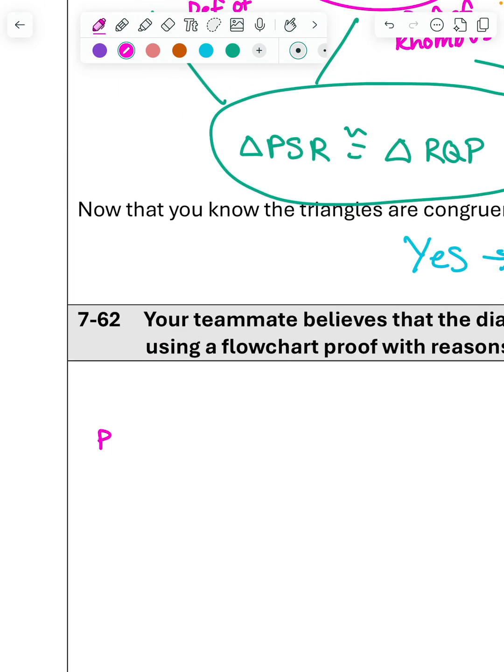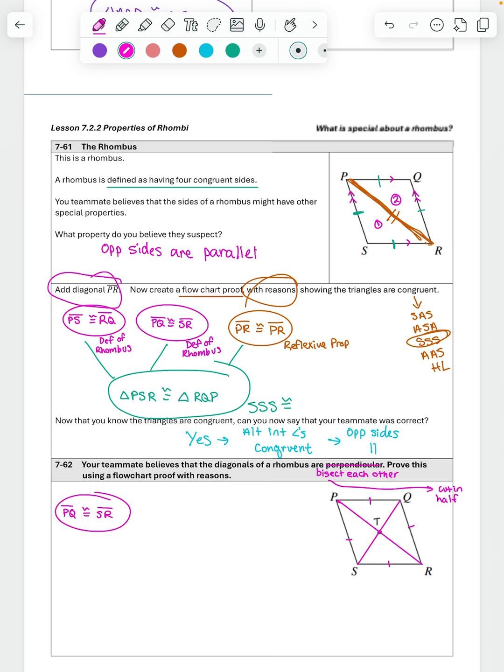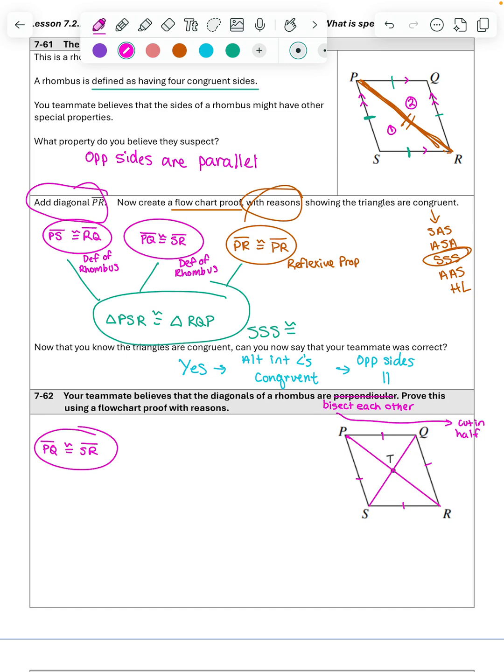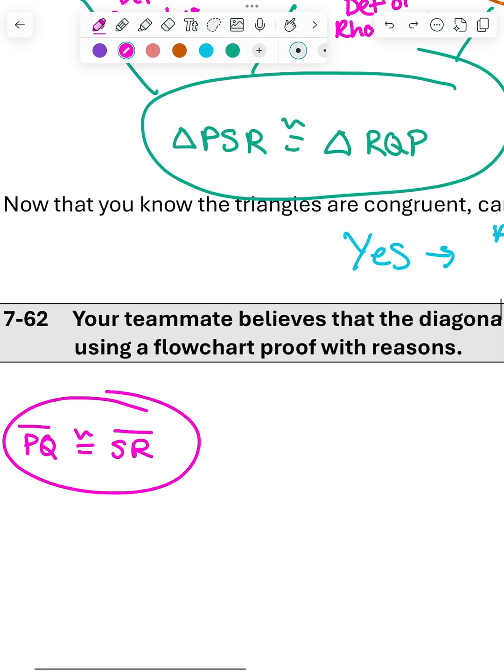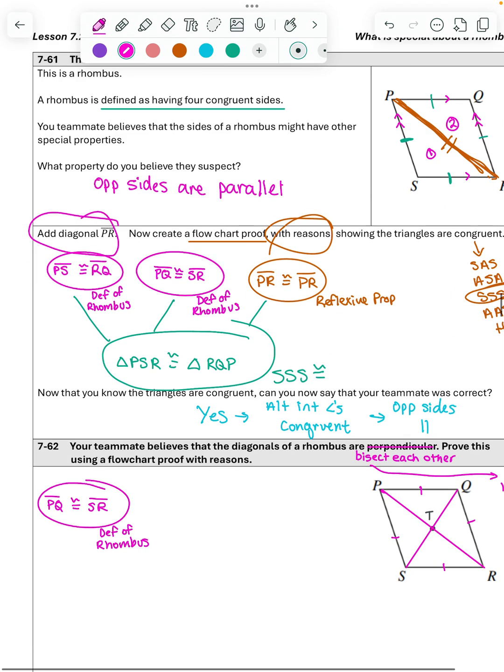I'm going to start with PQ is congruent to SR. So side PQ is congruent to side SR. And the reason I know this is from the definition of a rhombus. Sides are congruent. Okay?